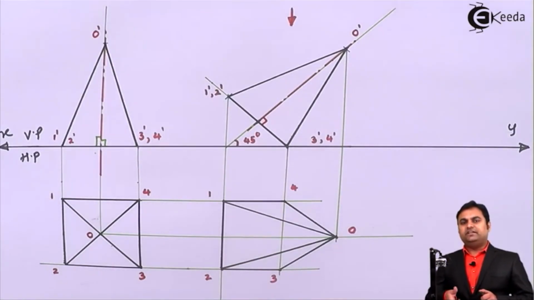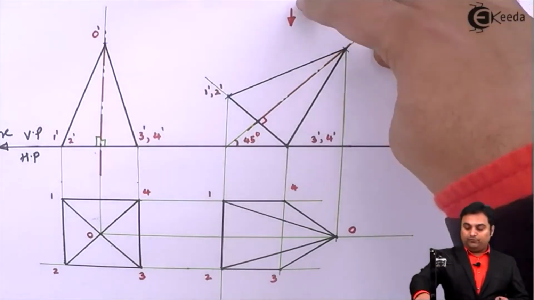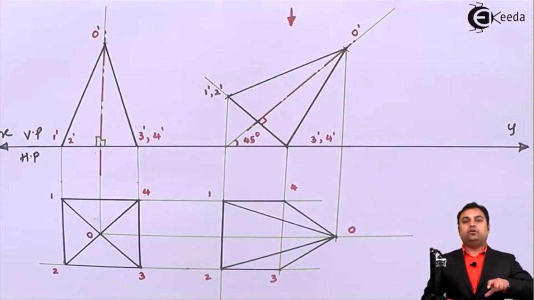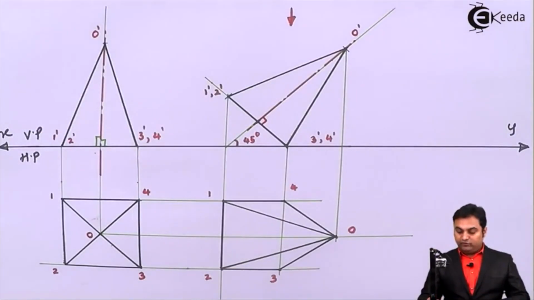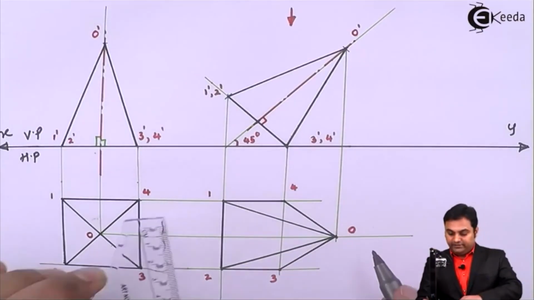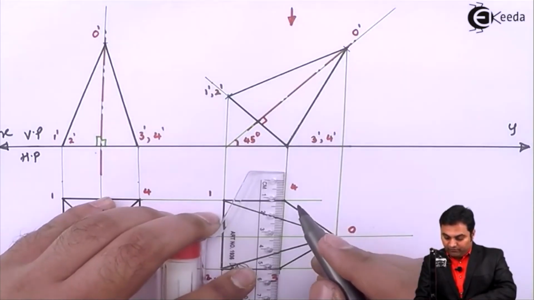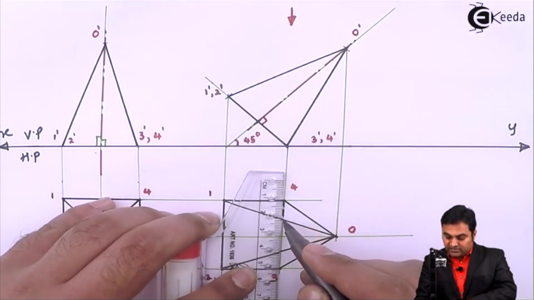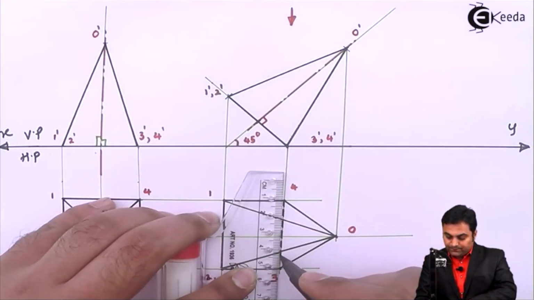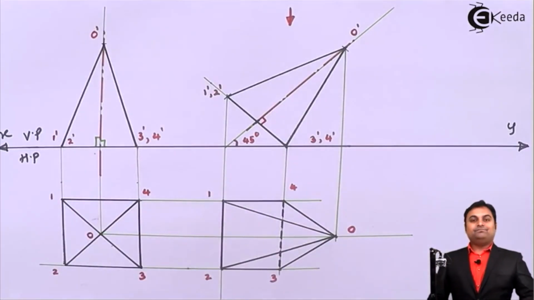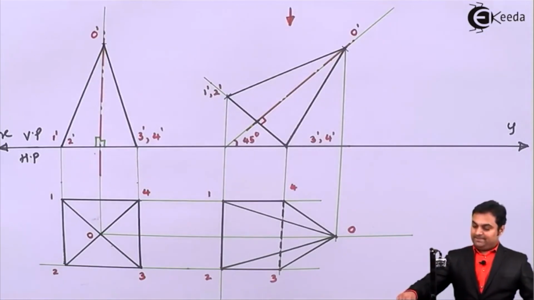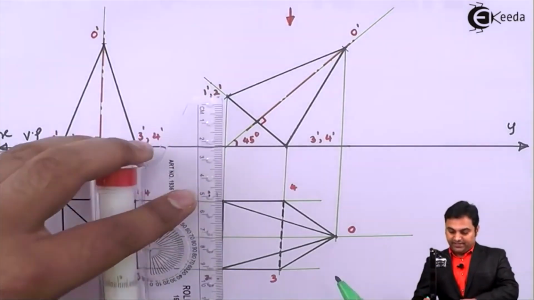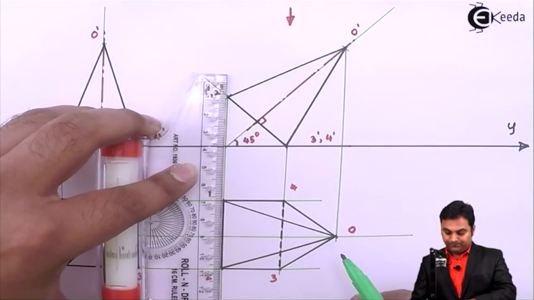And when it is tilted about that edge, from the top view, that edge won't be visible because it is going away from the observer. So it means when I would be connecting 3 to 4, it needs to be connected with the help of hidden lines or dashed lines. So edge 3 to 4 is not visible. Then I'll project the axis in the top view.